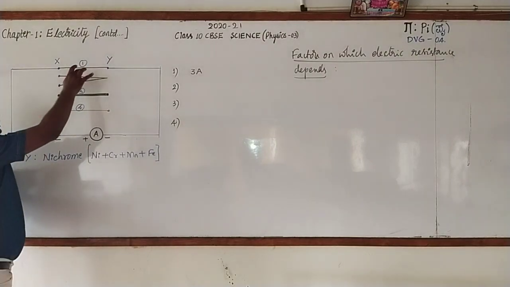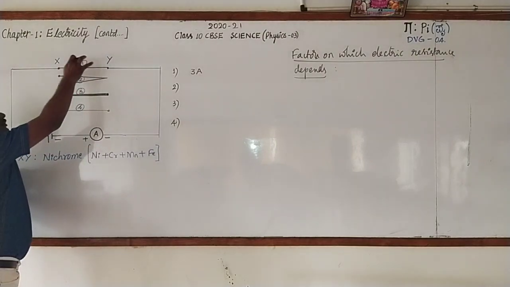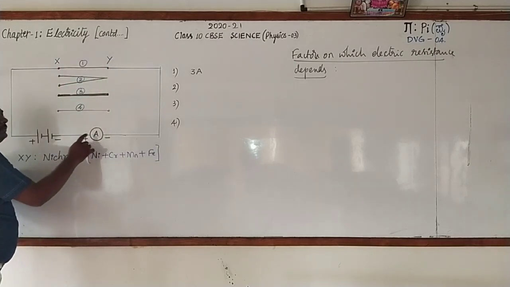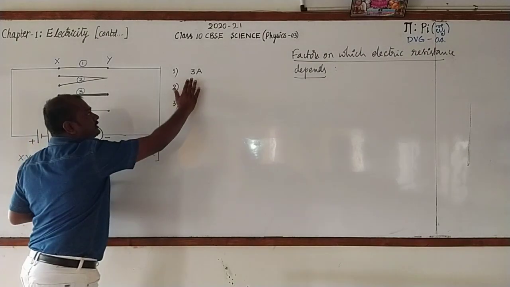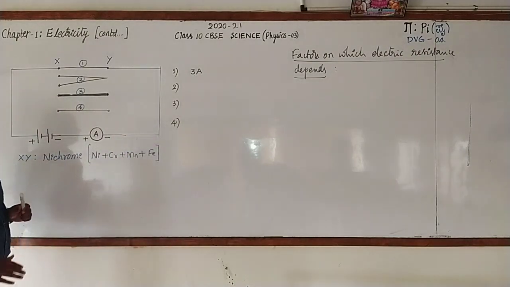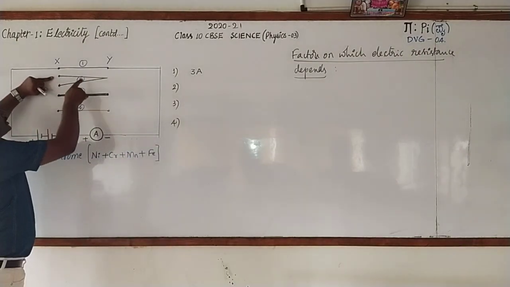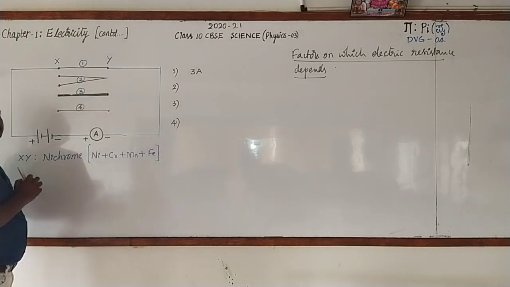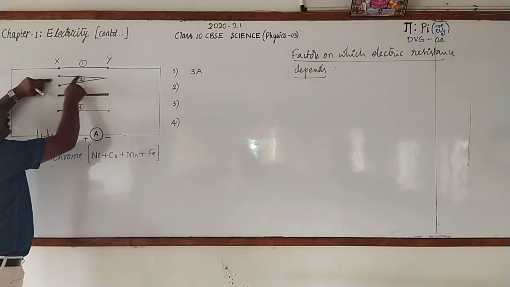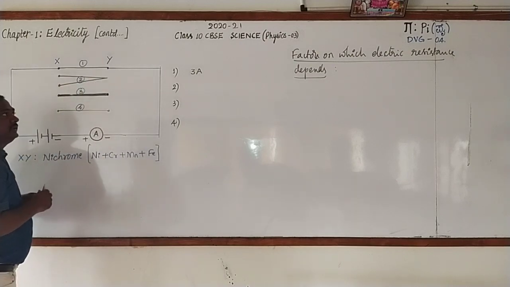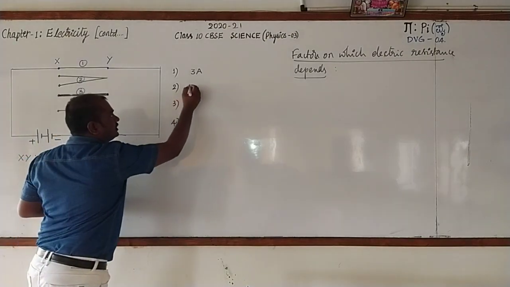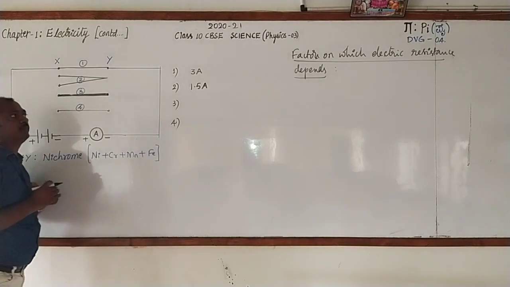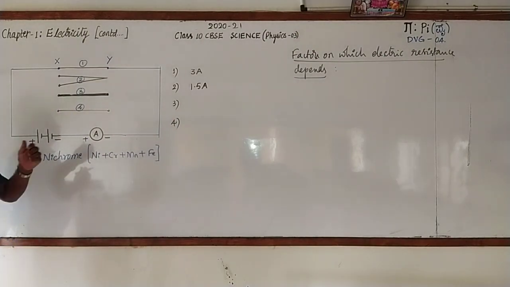At present, when nichrome is connected to the 2 points X and Y, you take the ammeter reading, assume that it is 3 amps. Now, in the second case, you double the length of the nichrome. Then as length increases, assume the ammeter reading is 1.5 A.